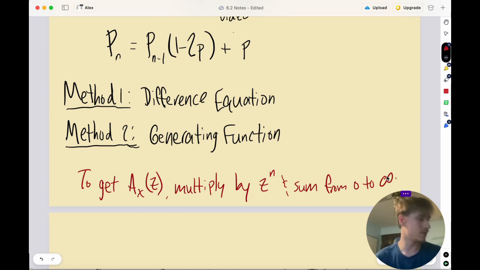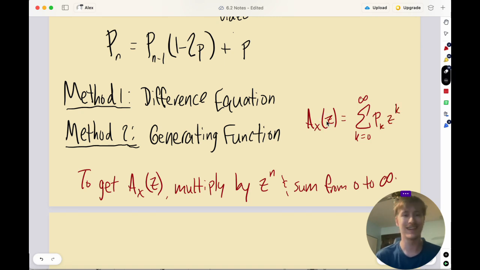Because remember that the generating function of X at z was the sum k equals 0 to infinity of the probabilities, so namely that. So we could even just say p sub k times z to the k. And maybe I can make a joke about me being so bad about going between n and k. Let's just use k and see what happens.